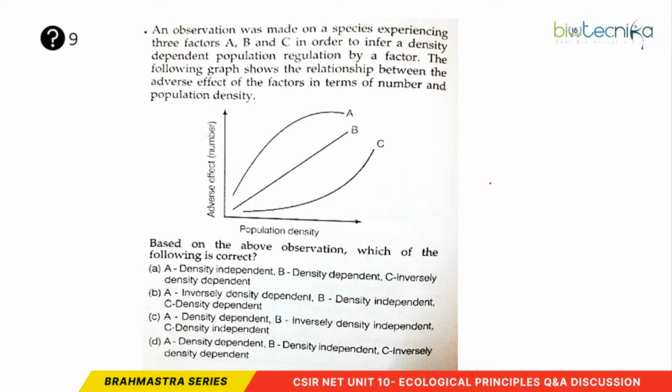Now let's see who gives me the correct answer for this one. An observation was made on a species experiencing three factors A, B, and C in order to infer the density dependent population regulation by a factor. The following graph shows a relationship between the adverse effect of the factors in terms of number and population density.